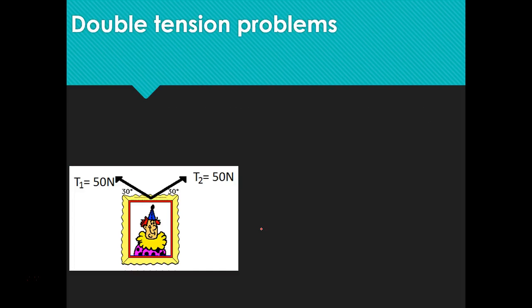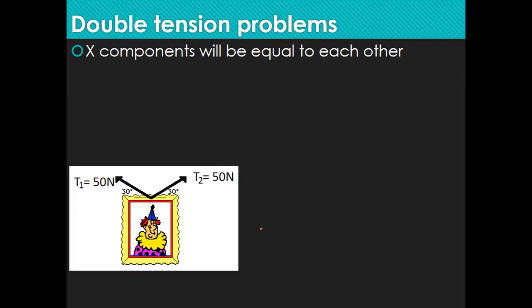I call these double tension problems. They're a little bit trickier. So again, this picture is hanging, and there's maybe a string here and a string here. It's a picture hanging on a wall, so you would hope it would be at rest. Because it's not swinging back and forth, you know that the x components will be equal to each other.